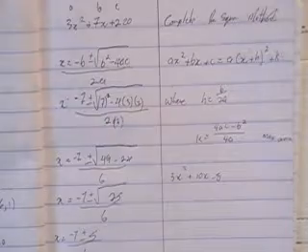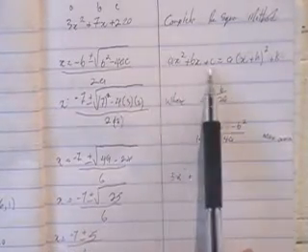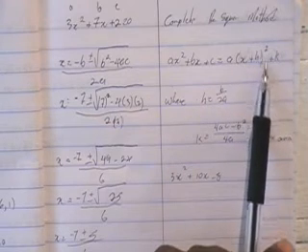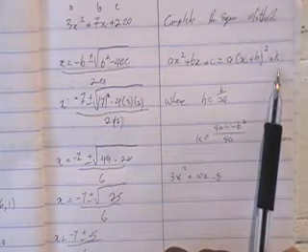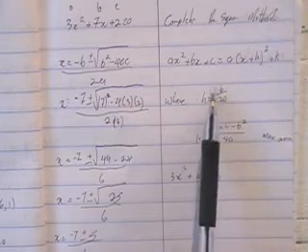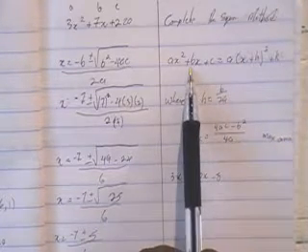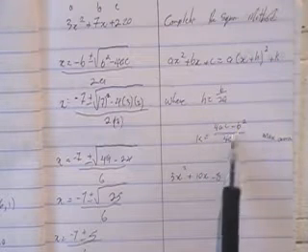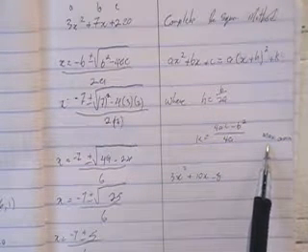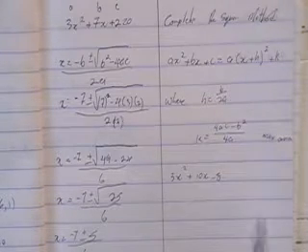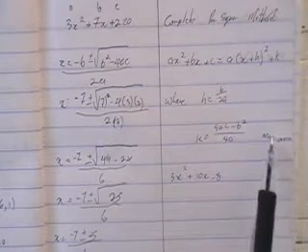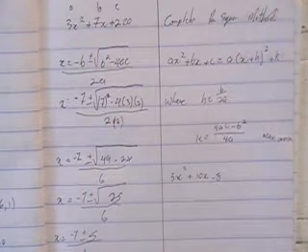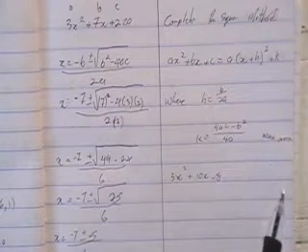It is trying to put the quadratic expression into this form: a bracket x plus h all squared plus k, where h is b over 2a, and k is 4ac minus b squared divided by 4a. And this would tell you in quadratics whether it's the maximum or the minimum point, because quadratic is a curve on the Cartesian plane. If it's the maximum point, k would be negative. If it is minimum, k would be positive.